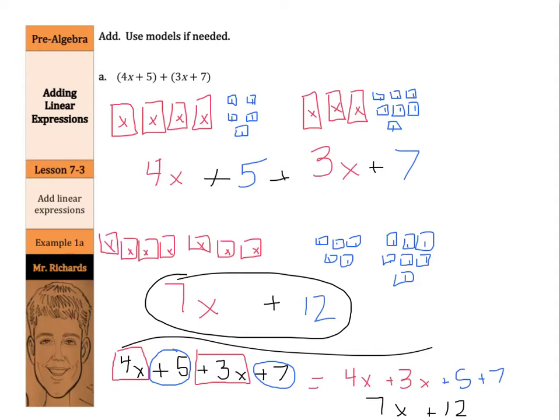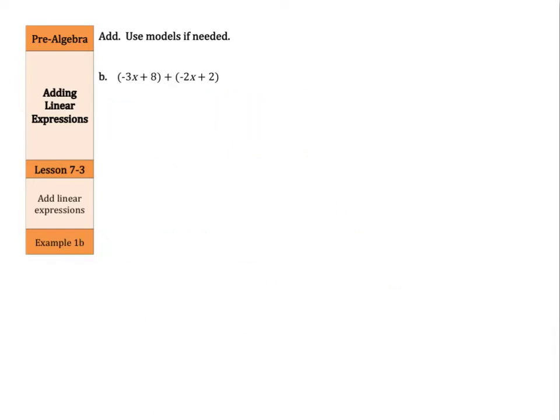If you need to use the models to see what's going on, use them. But eventually, it would be good if you can solve these questions without the models. Now we're going to solve this one without models. We have negative 3x plus 8 plus negative 2x plus 2. Let's arrange these in columns with the like terms.